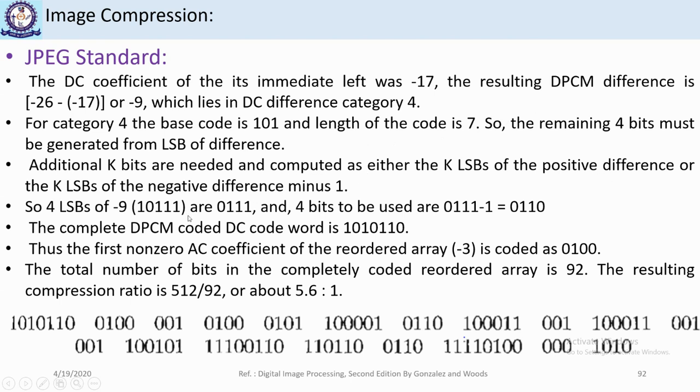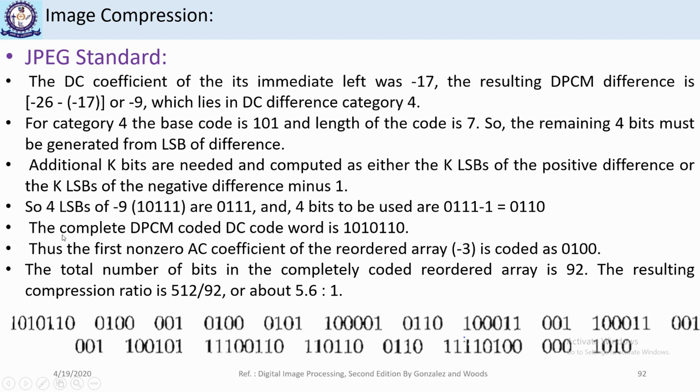So 0111 minus 1 is equal to 0110. This will be used as the remaining 4 bits for this code. Now if it was plus 9, then we would directly represent 9 in binary, and the 4 LSBs would have been taken directly. We need not subtract 1 in that case.